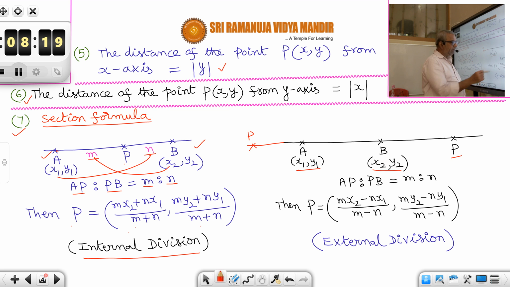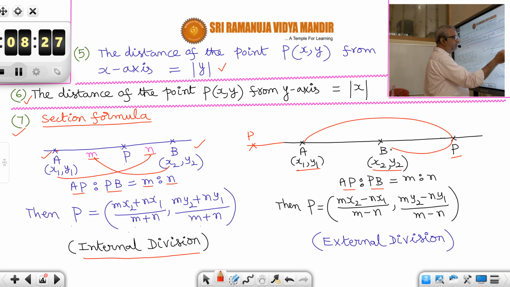But AP is to PB is m is to n. AP is to PB is m is to n means this distance AP divided by this distance PB. That is m is to n ratio, positive distances.